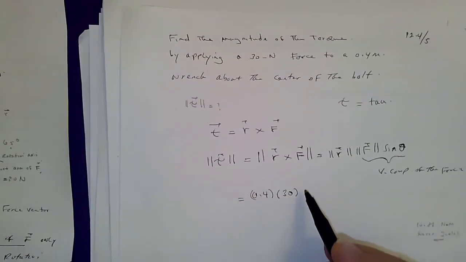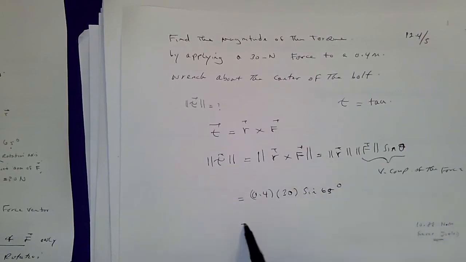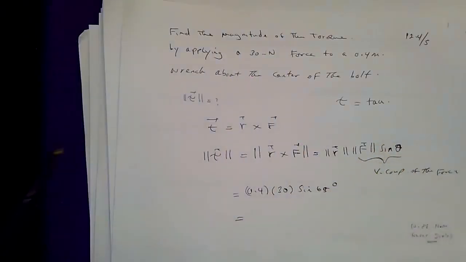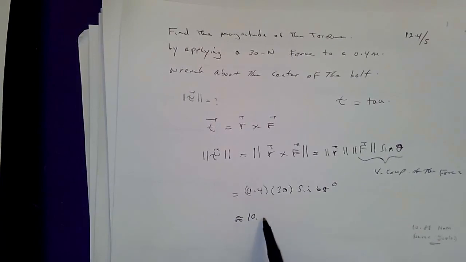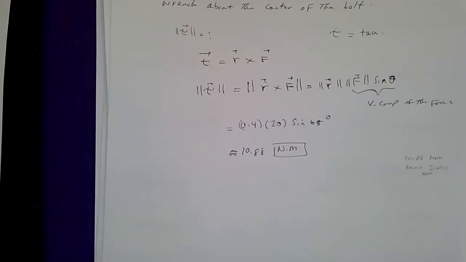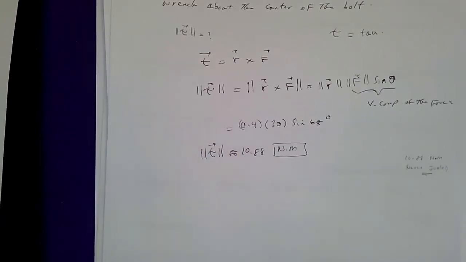So this would be times sine of 65 degrees. If you work this out, you end up with approximately 10.88 newton meters. This is the magnitude of the torque, the amount which causes the rotation.